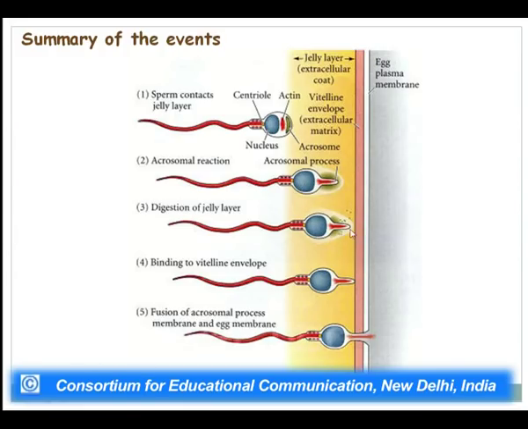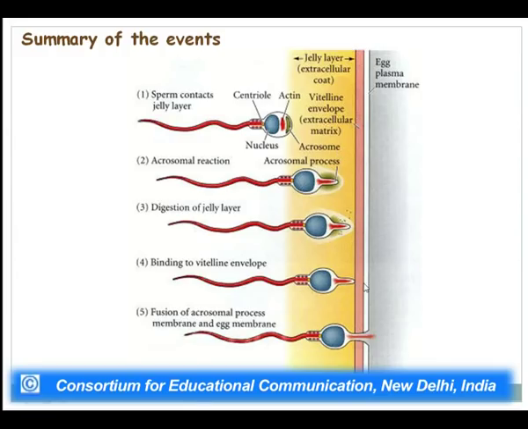The bindin and the bindin receptors react here, ensuring a sperm-specific interaction, and in fact this acrosomal reaction is activated only when there is an interaction between the complex sugars present in the jelly layer and the tip of the sperm. So, sperm activation as well as the interaction will ensure species-specific recognition.